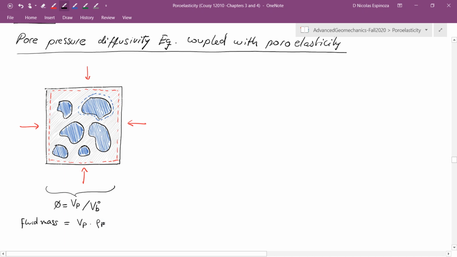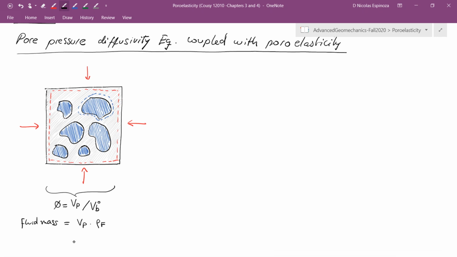All right, this is going to give us units of mass, but when we talk about a porous medium, in general, we want to refer to units of mass per unit of volume.